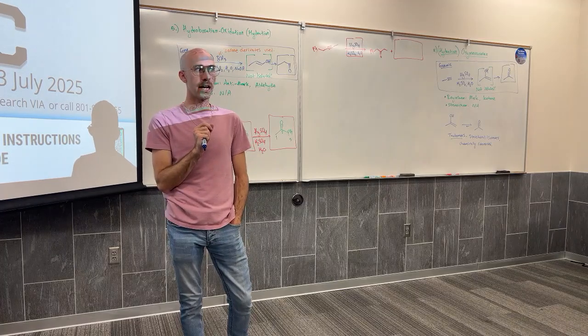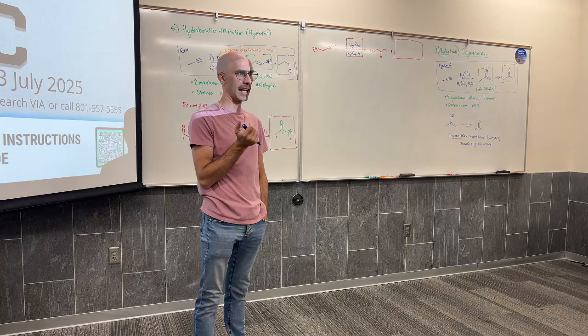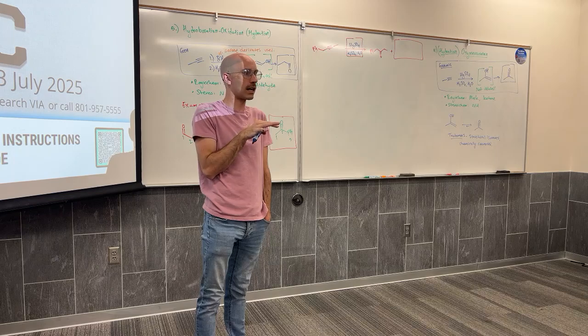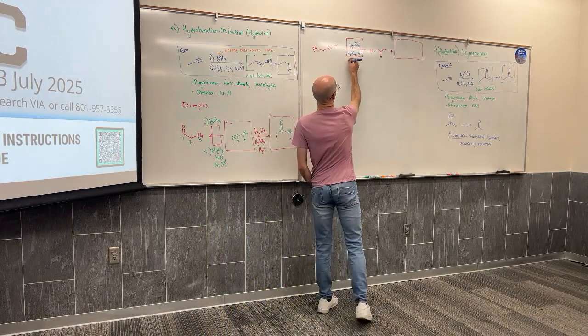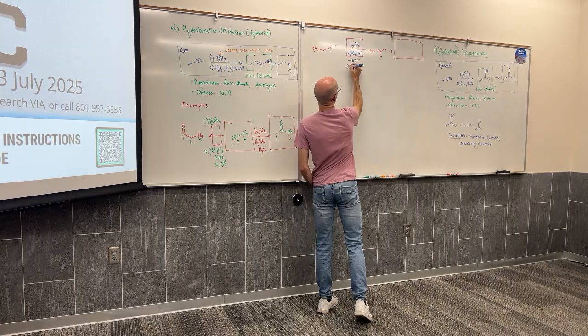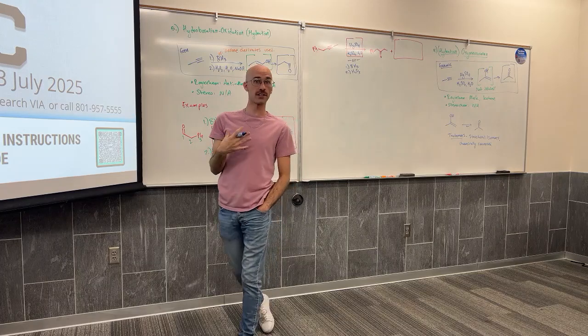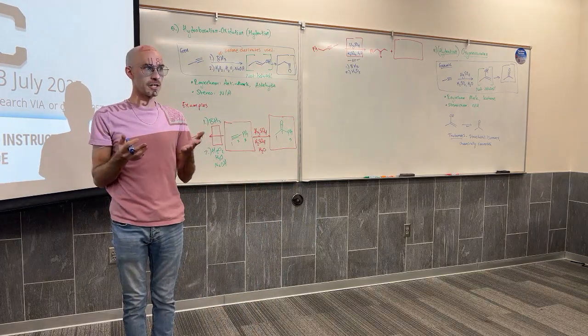If I used hydroboration oxidation, would I get an aldehyde? There's no way that this alkyne can make an aldehyde. So if I did use hydroboration oxidation reagents, I still get the ketone.